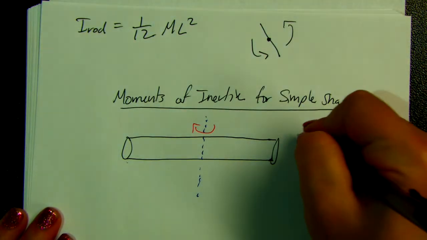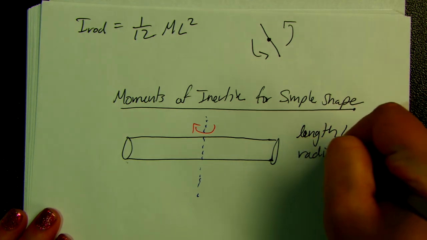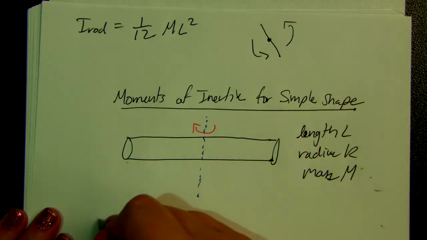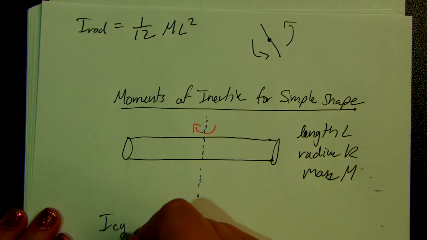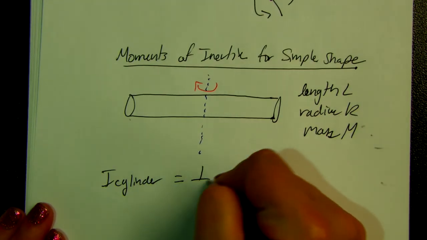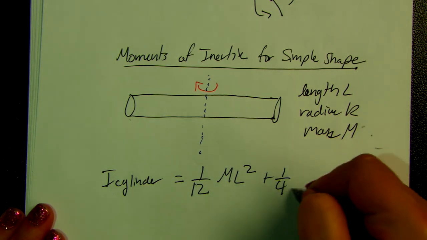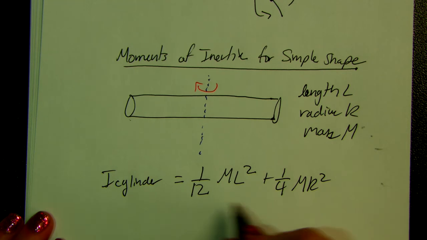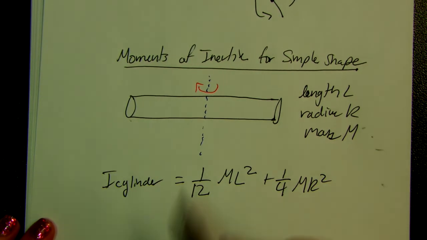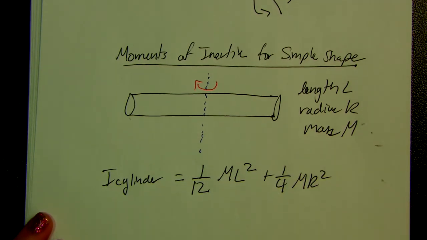It has length L, radius R, mass M, and the moment of inertia for the cylinder is equal to 1/12 m L squared plus 1/4 m r squared. And you can see that the moment of inertia for the rod is embedded in there, because essentially what you have is a rod with enough thickness that you must account for it in its moment of inertia.